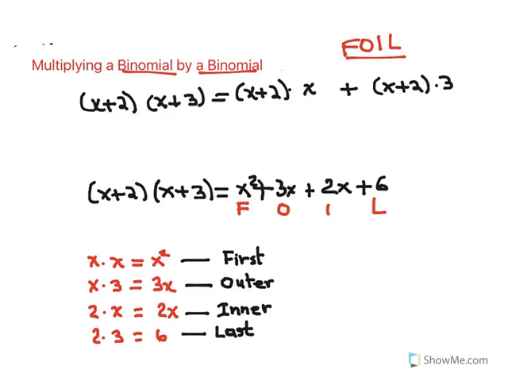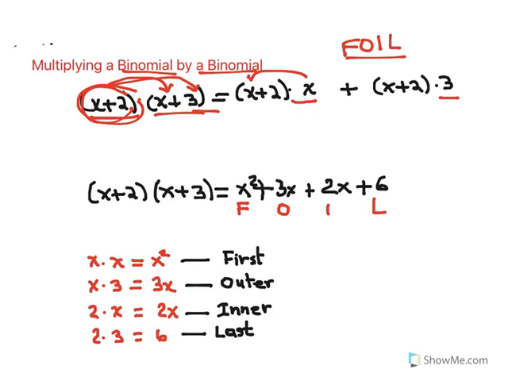So let's start with an example, and we're going to show you how we get to the acronym FOIL. If we multiply the binomial x plus 2 times the binomial x plus 3, we need to do the distributive property twice. So think about multiplying x plus 2 times x and multiplying x plus 2 times 3.